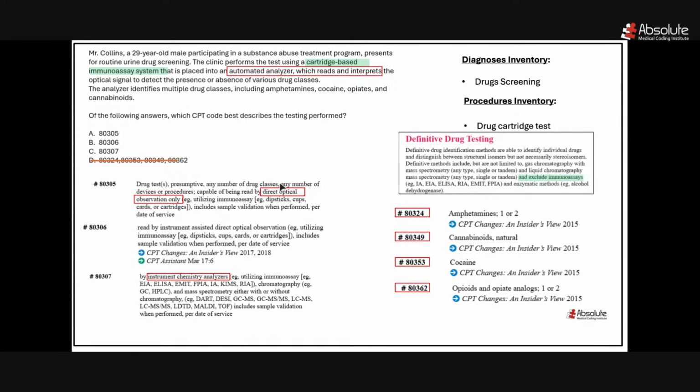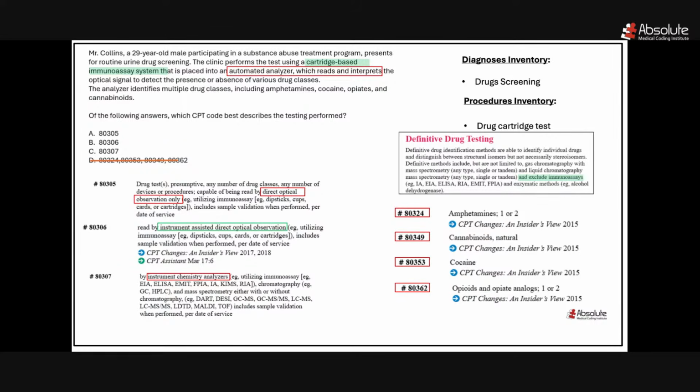The clinic performs the test using a cartridge-based immunoassay system placed into an automated analyzer, and that analyzer reads and interprets the optical signal to detect the presence or absence of the various drug classes. So it was not a direct optical observation; we used an instrument to get the result. So option A is wrong.